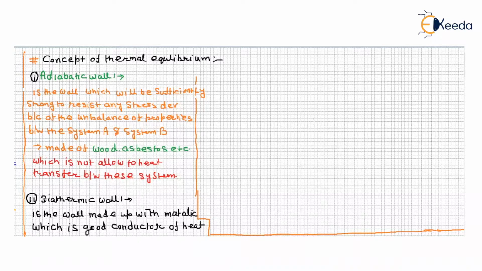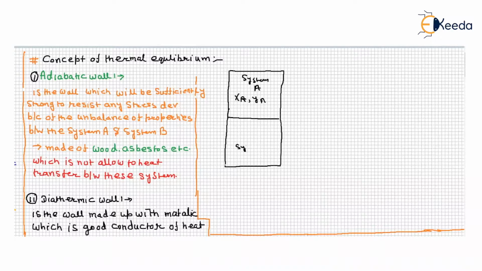We are trying to give you a practical approach. What is that? Suppose this is your system A of a property XA and YA, and this is your system B of a property XB and YB, right?